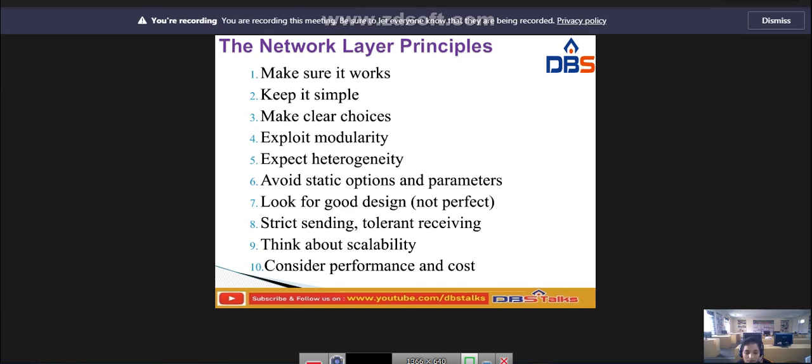So okay, let us now leave the general principles and start looking at the details of the internet network layer. At the network layer, the internet can be viewed as a collection of subnetworks or autonomous systems that are interconnected. There is no real structure, but several major backbones exist.